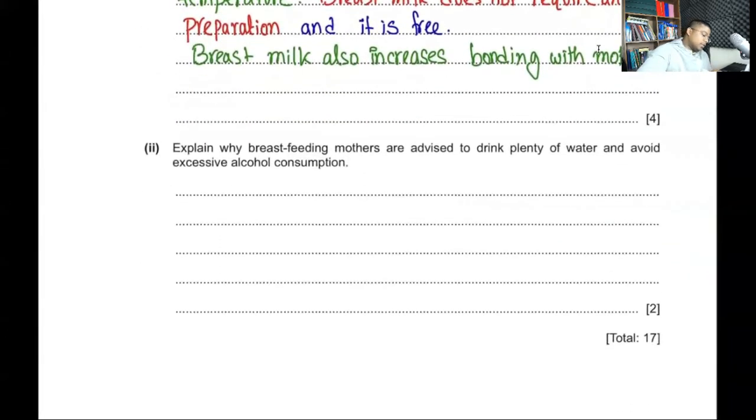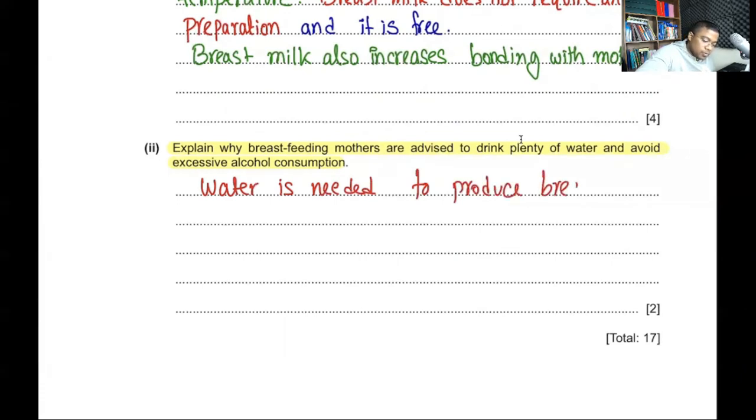Guys, moving to the next question. Explain why breastfeeding mothers are advised to drink plenty of water and avoid excessive alcohol consumption. So basically, we must understand water is needed to produce breast milk, because 90% of it is water.